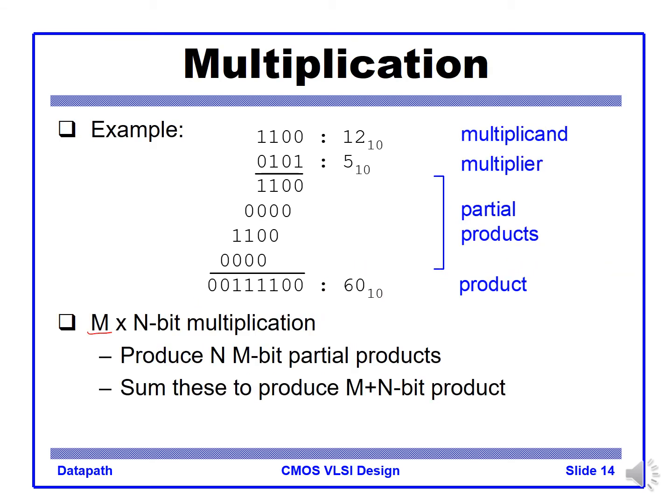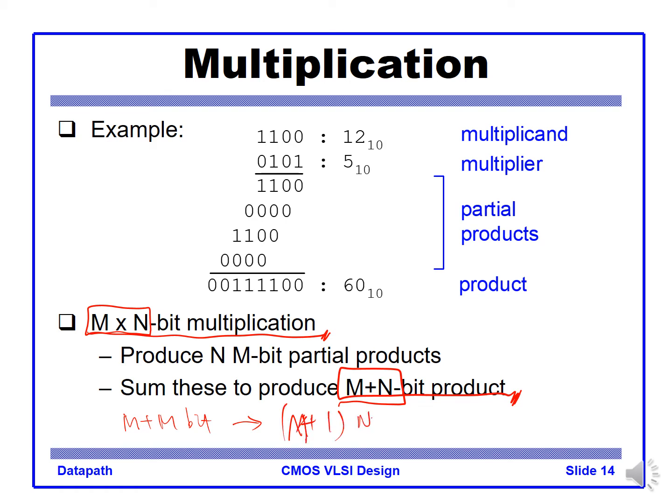As you can see, for m by n bit multiplication, the final output product is m plus n bits. You have to remember this number, right? If you multiply m by n bits, then you get m plus n bits. What if you add m-bit numbers? That needs m plus 1 bits for the addition.